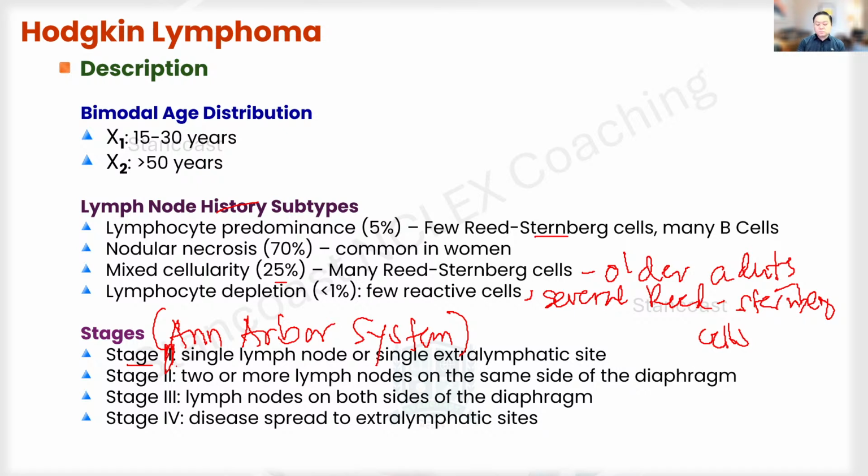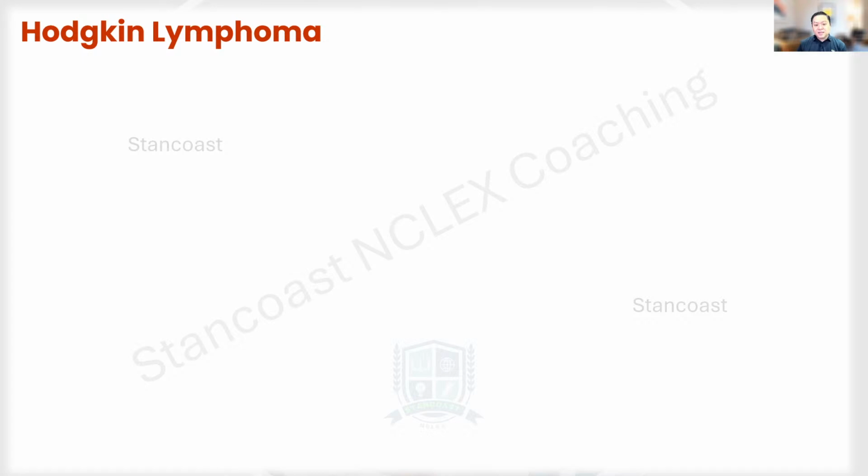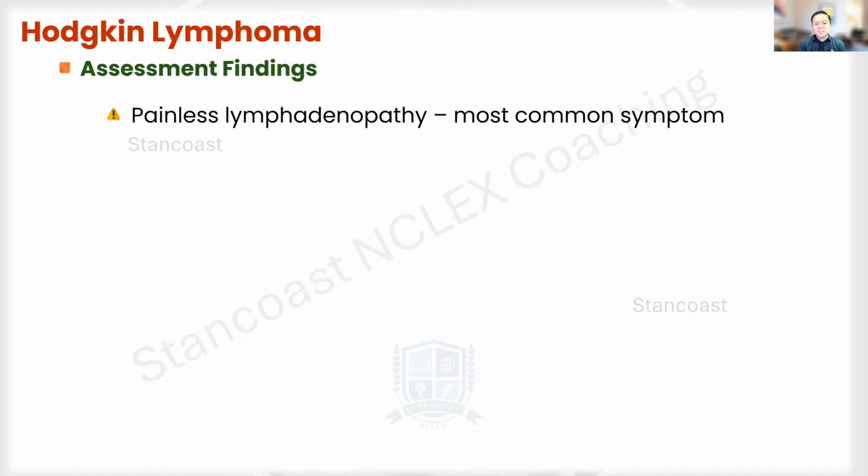Now, take note, guys, that with Hodgkin lymphoma, especially when the patient is first diagnosed, they're going to complain about painless lymphadenopathy. Basically, this is what we consider the most common symptom of Hodgkin lymphoma, and this is what we call the hallmark symptom.